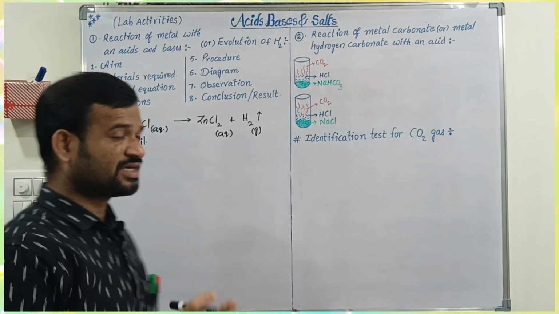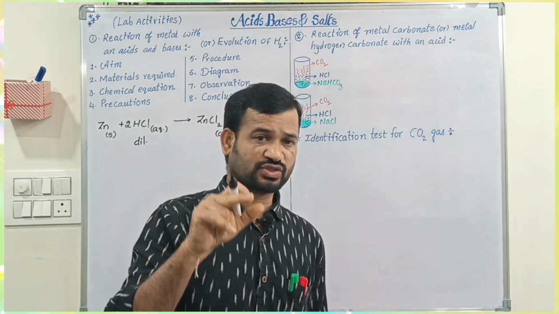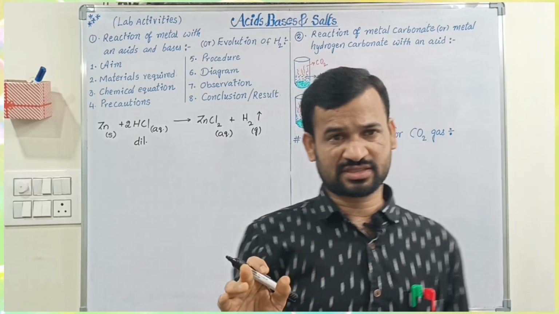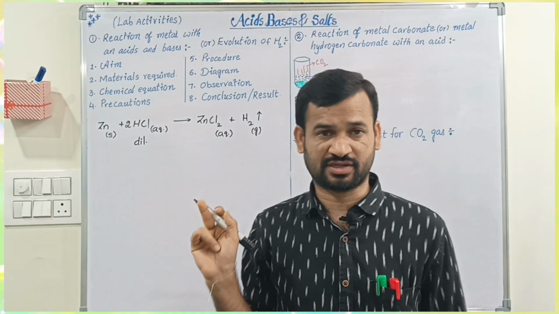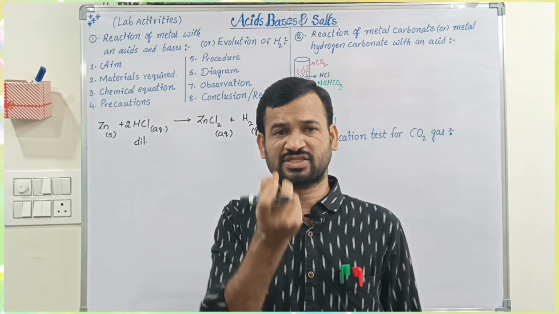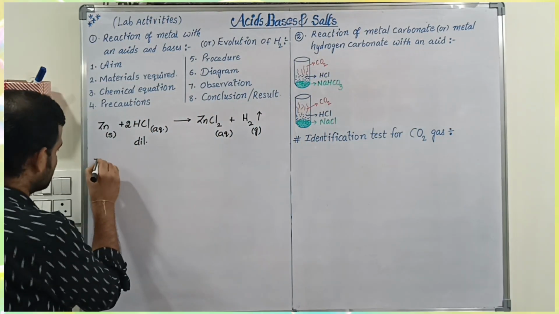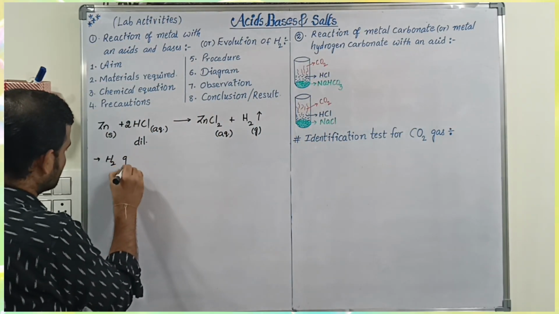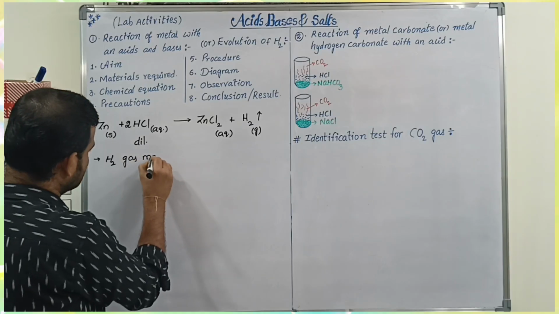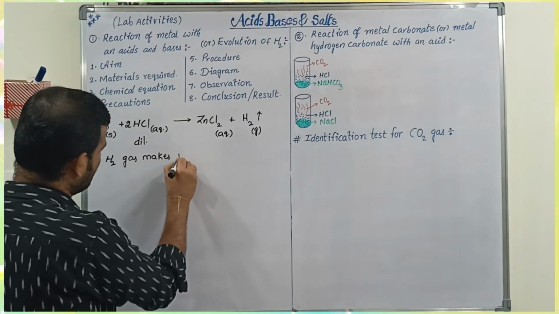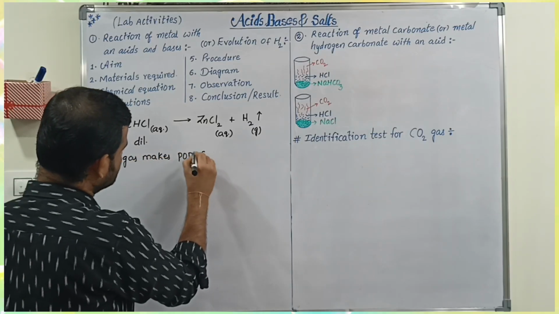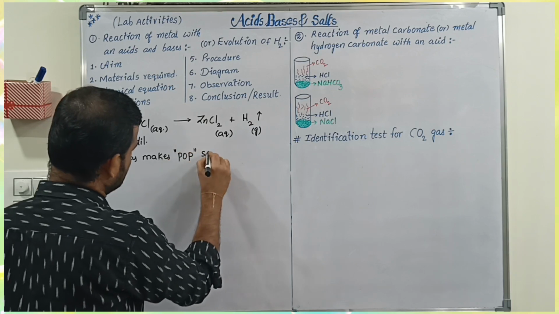How do we identify the H2 gas? Is it H2 gas or another gas released in this reaction? Simple. The gas which makes a pop sound is called hydrogen gas. H2 gas makes a pop sound. Very, very important.